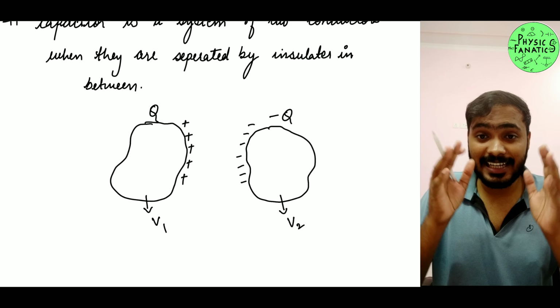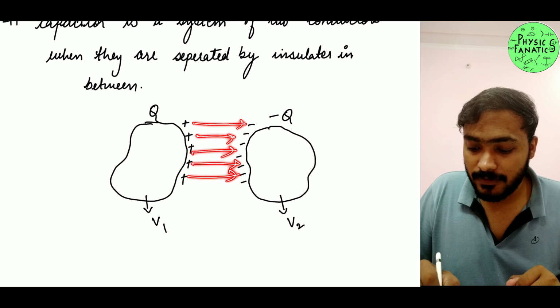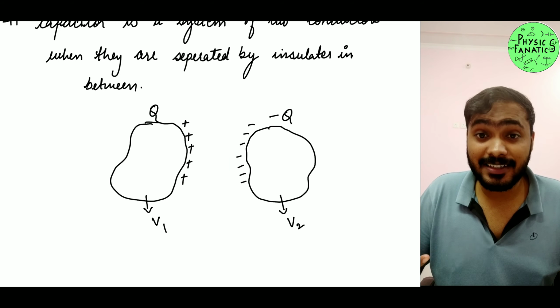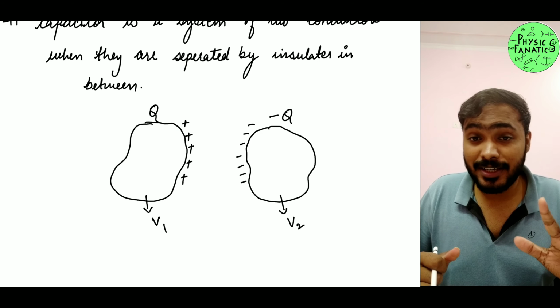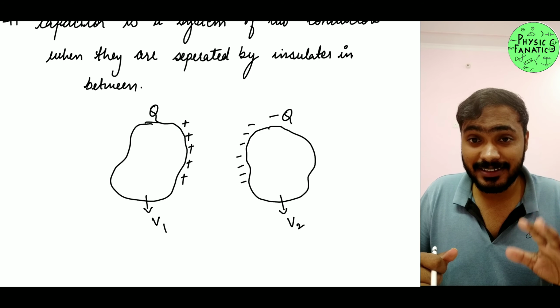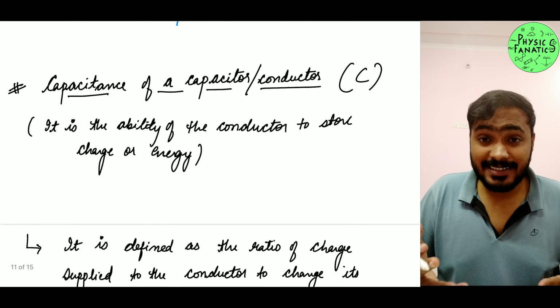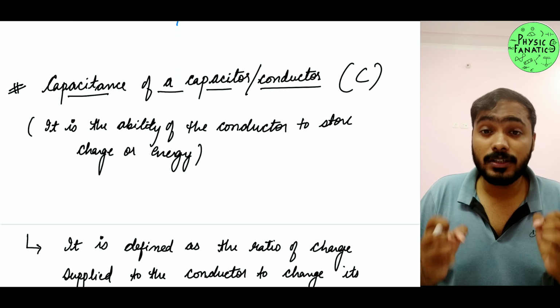That bound electric field will have some electrical energy. So this energy is what we call your electrical energy. I hope you guys can understand that. Okay, great. So your capacitance is the ability of your capacitor to hold charge.